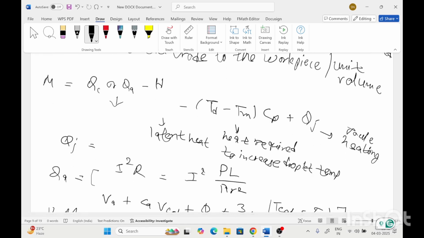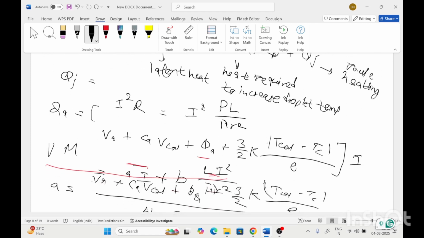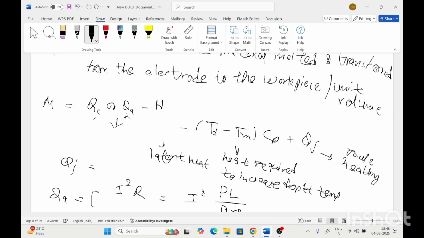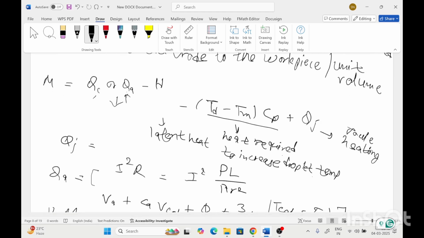So this can be written as QA, the heat present at the cathode or anode, minus H, the latent heat, minus (TD minus TM) CP, the term for the heat required to increase the droplet temperature, plus QJ, the Joule heat taken to melt the electrode.